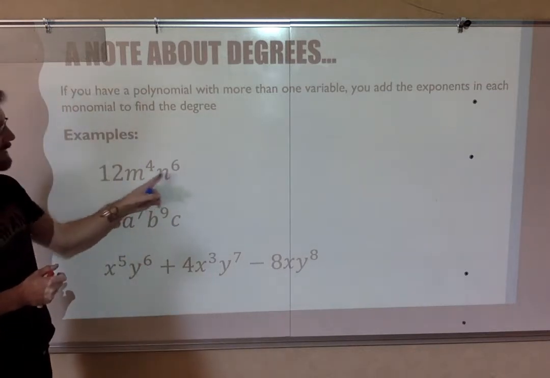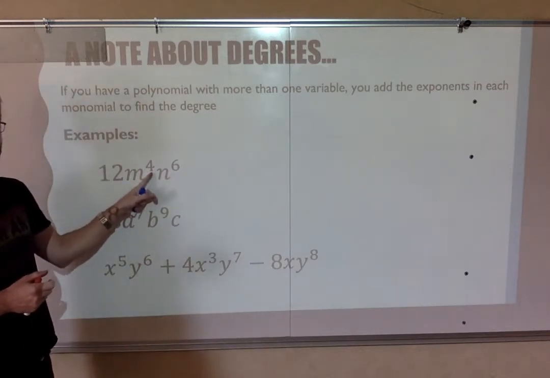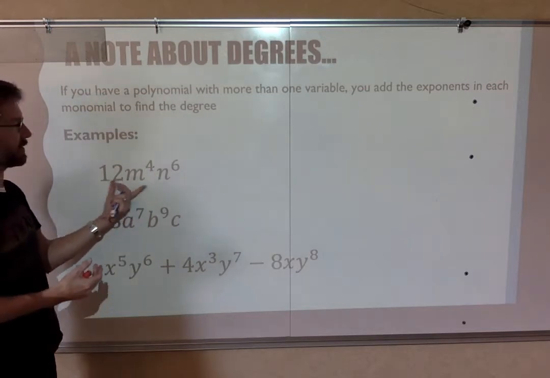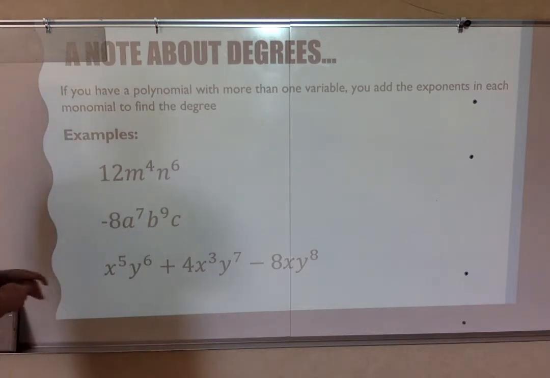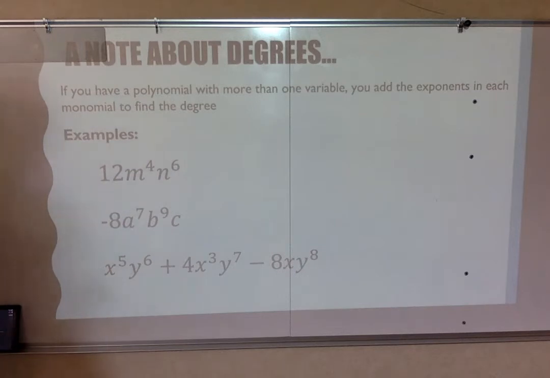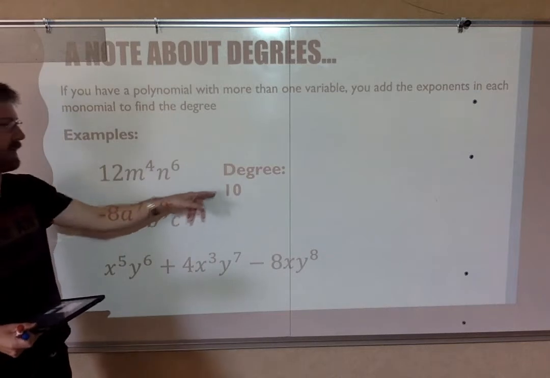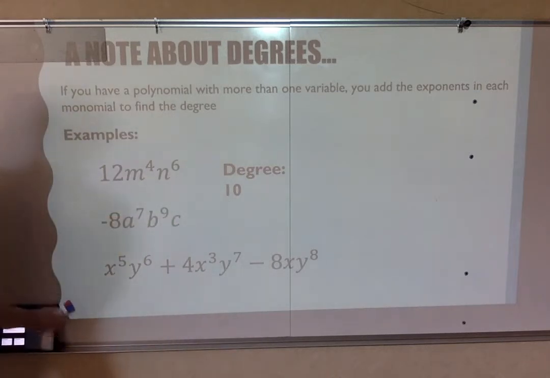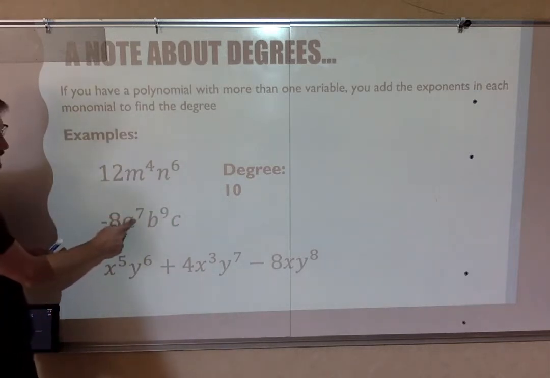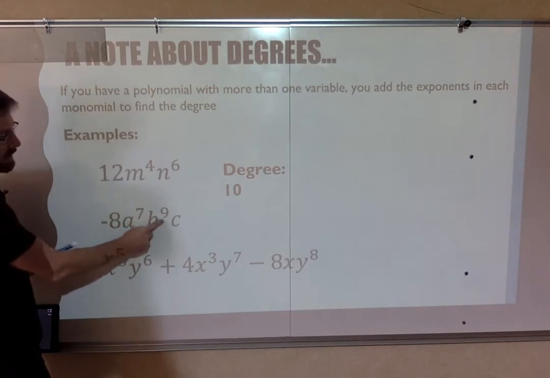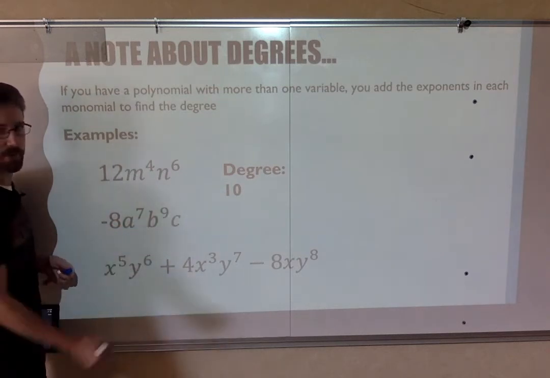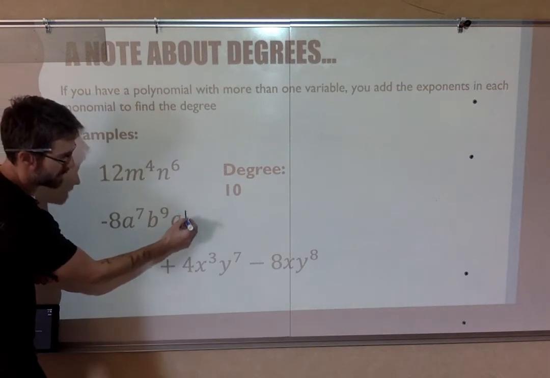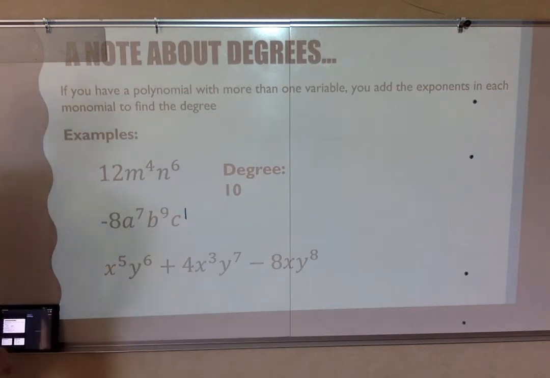We still add the exponents of the variables, but only to find the degree, not to actually simplify this or anything like that. So for that first one, with the 4th and the 6th, we have a degree of 10. With our second one here, we've got an exponent of 7, an exponent of 9. There's no exponent here, so let's remember that that means the exponent is really 1. And so if we do 7 plus 9 plus 1, we get a degree of 17.